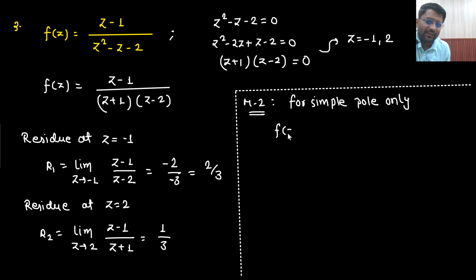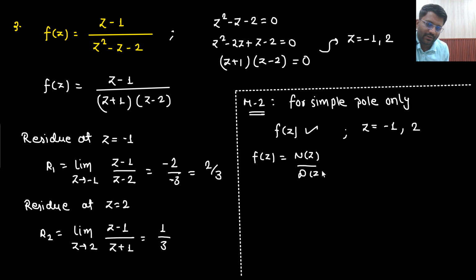So f of z is given. You already know that I have the problem at z equals minus 1 and at z equals 2. These are my problems. So first of all, f of z is written as numerator by denominator.